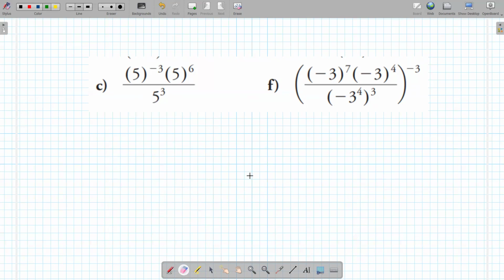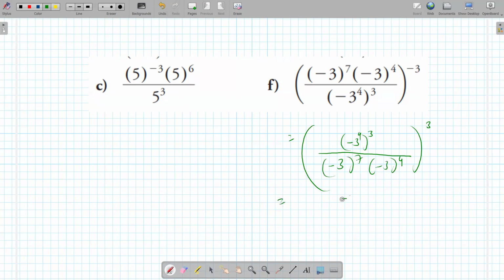Okay, for F, we're gonna first work on the inside 3's. We'll leave this -3 on the outside. You could also move this upside down to make it positive. To make this positive, you need to move the denominator to the numerator and the numerator to the denominator, if you want to make the exponent positive on the outside.